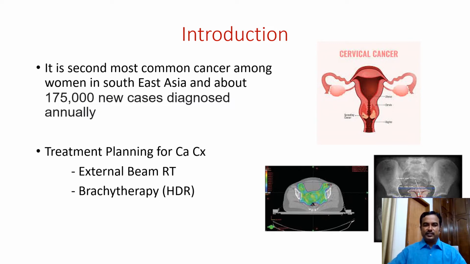As far as radiation treatment is concerned for cervix, it consists of two parts. Mainly the external beam radiotherapy, which is delivered using either a cobalt unit or a linear accelerator. The other one is brachytherapy, which nowadays in most places uses a high dose rate afterloader machine.